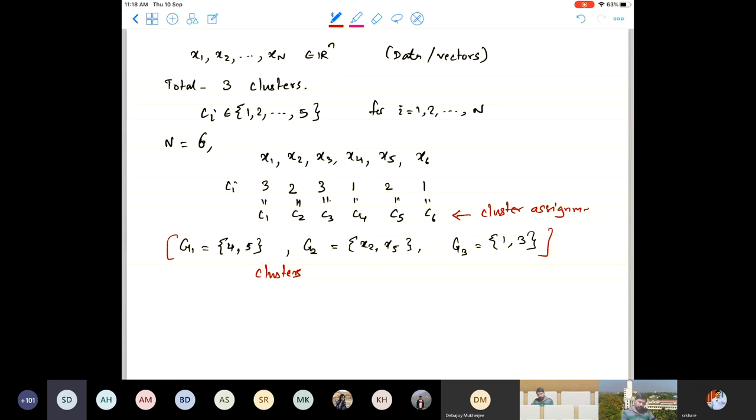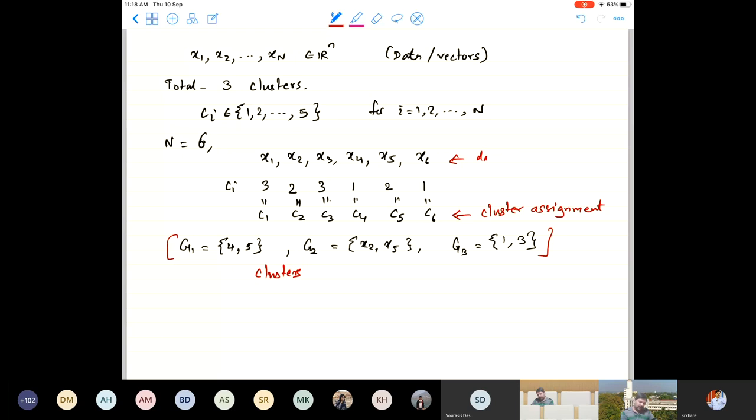The clusters should be x4, x5, x1, x3. Yes, we can have x4, x5, or we can have 4, 5. That's why I wrote both notations here. It's up to you to decide what notation you want to use. People use varying notations, so I wrote both. You can use any; that's not a big deal.